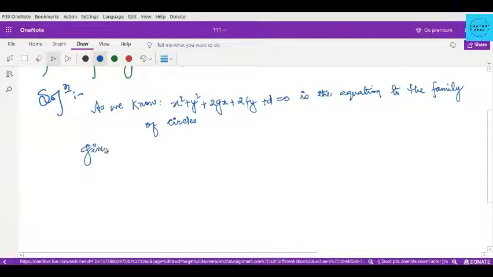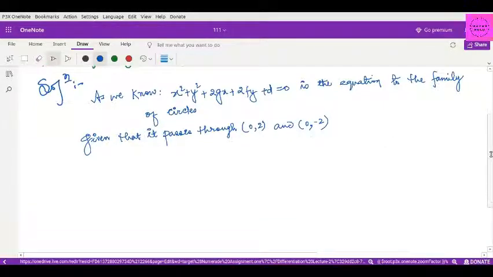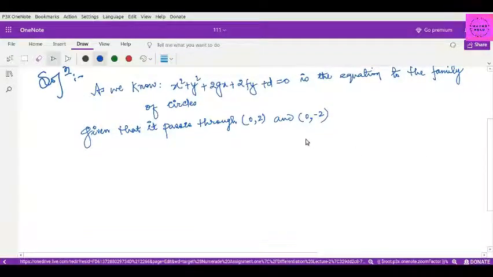Now, given that it passes through (0, 2) and (0, -2). Sorry, here it is (0, 2) and (0, -2).